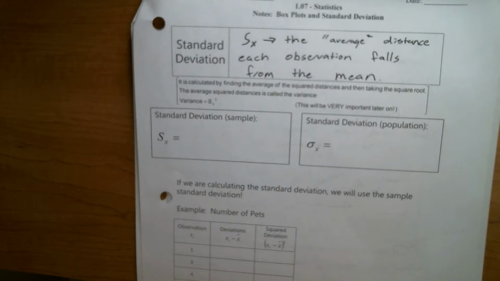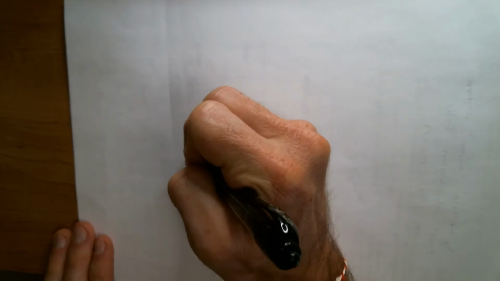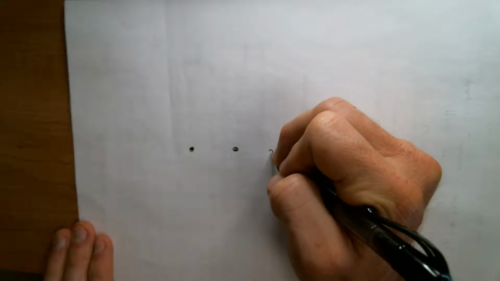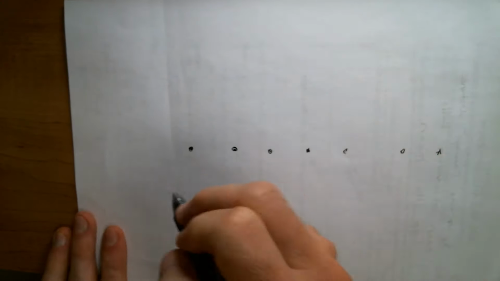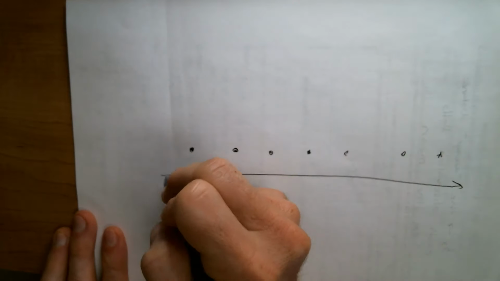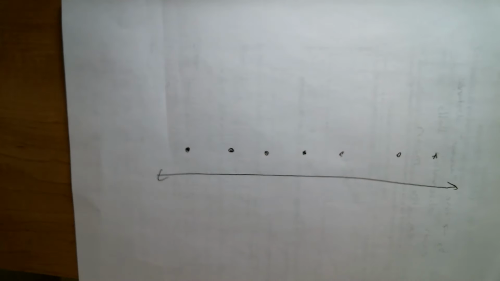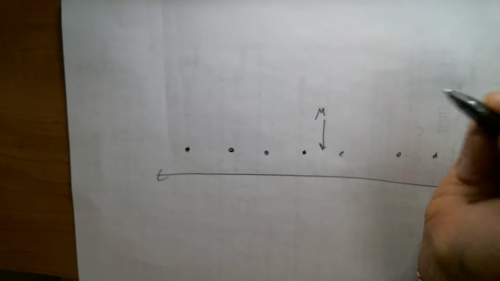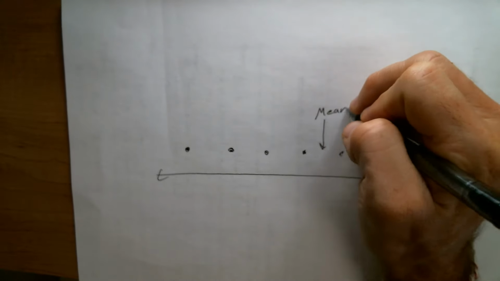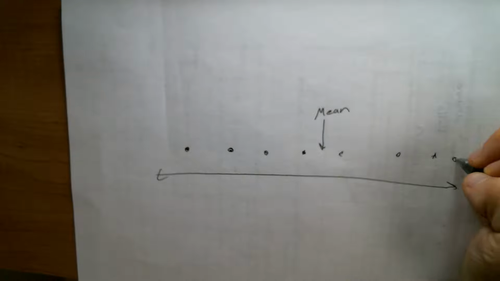So we're going to get into the actual calculation in a second, but I just want to make sure that we've got our heads wrapped around what we're doing. So let's say you have a bunch of points on a number line, and let's pretend that the mean of these points falls right here. All right, maybe I'll put another one over here.